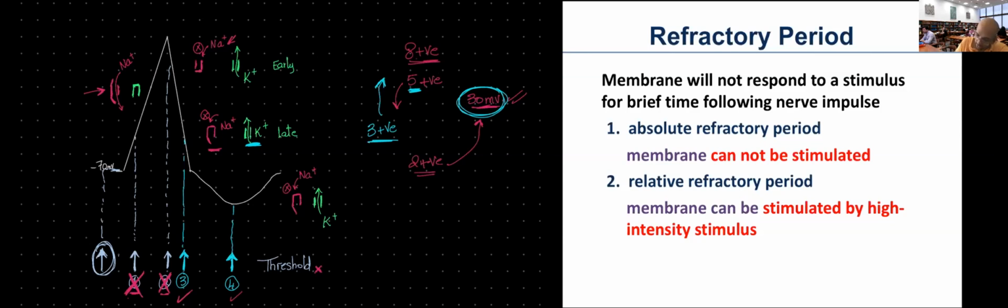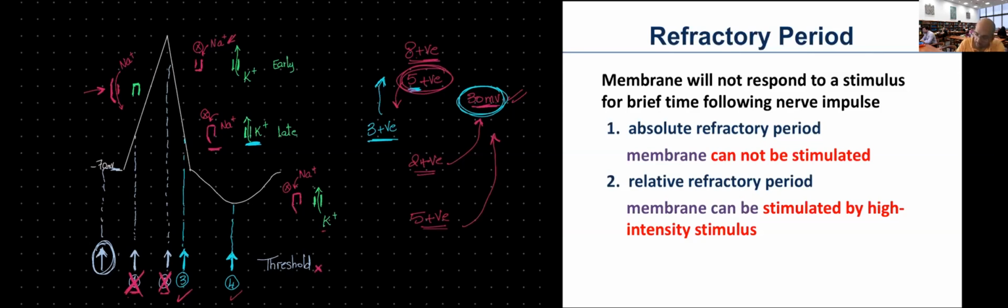Now I will get 5 positive charges inside the cell, and at this point I can reach my depolarization. So a threshold stimulus that allows those 5 is not going to be enough to cause the excitation of the nerve cell during repolarization and hyperpolarization, because you're leaking potassium out. You need something stronger than a threshold stimulus.